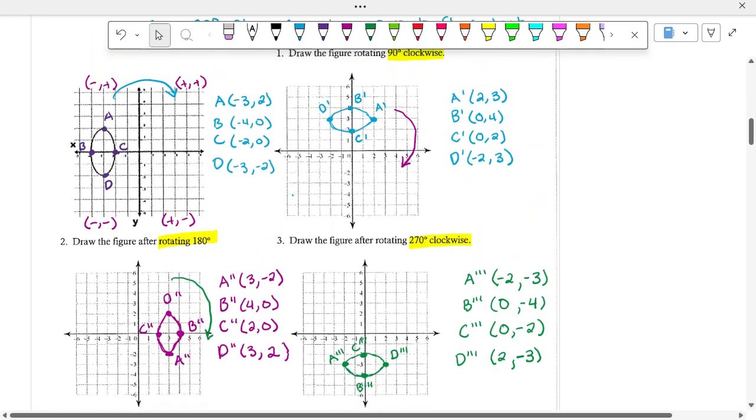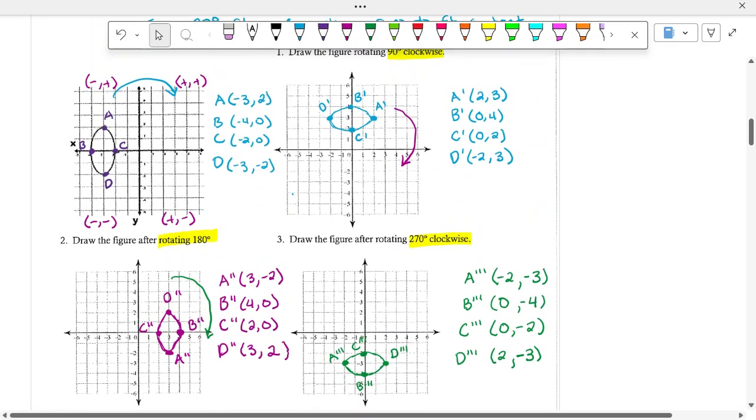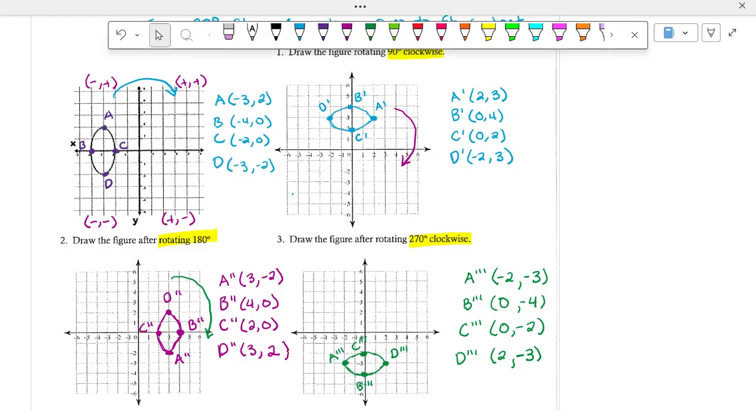Now, if I look from the original to 180 degrees, what happened? Did x and y flip, first off? From original to here, did the x and y values flip? No. What's the only thing that changed? The signs. The signs, and what signs? So for example, look at D. What happened between D and D double prime?